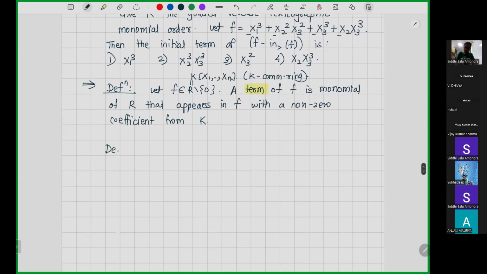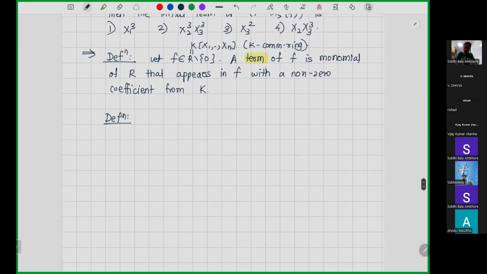Now, if f is non-zero in R, the initial term of f is the largest term of f.